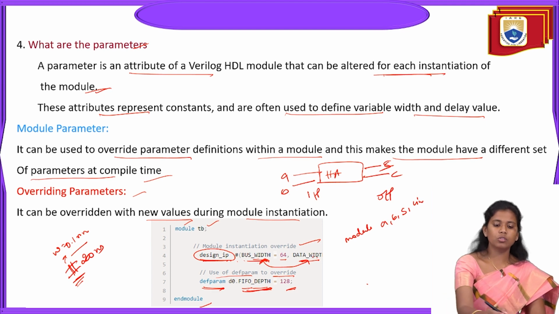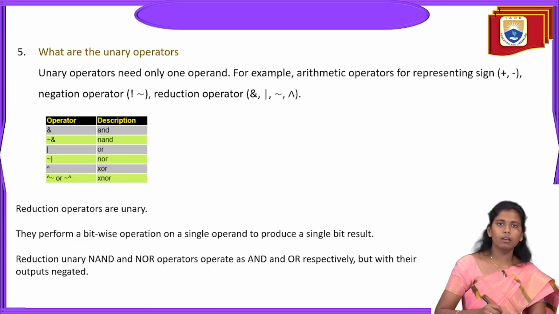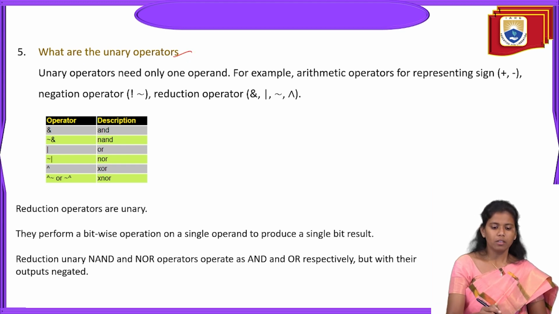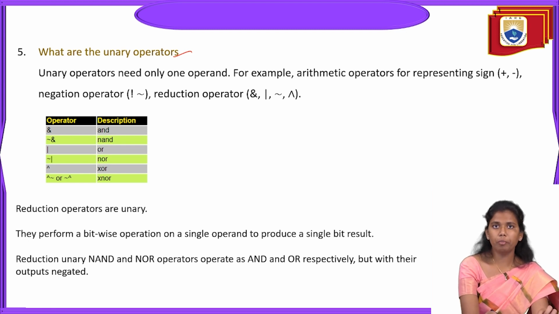That is nothing but the unary operators. As the name itself says, only one operand we can make use of, right? So unary operators need only one operand. As the name indicates, it's unary, one.